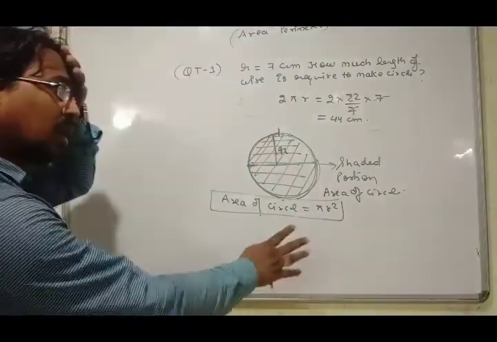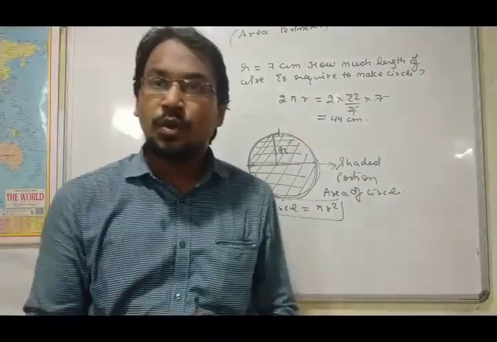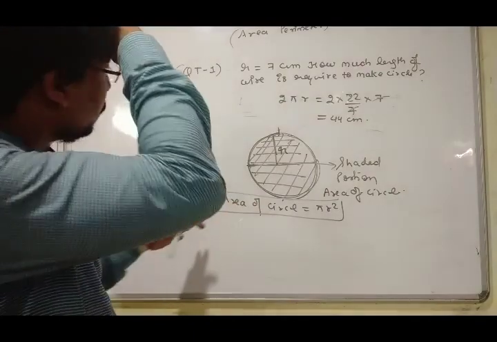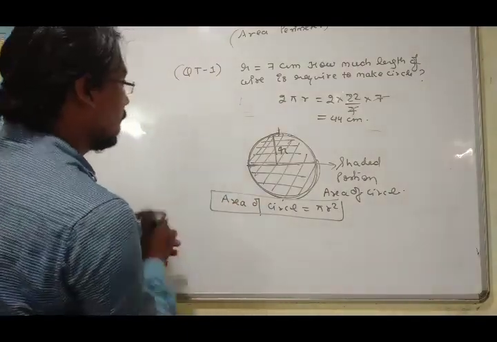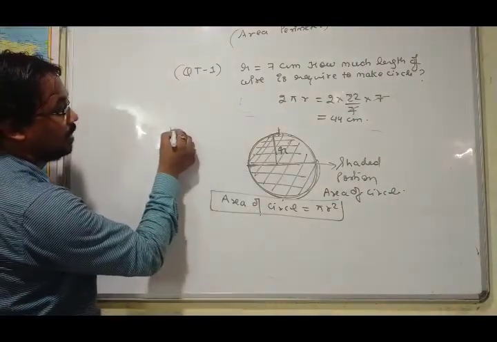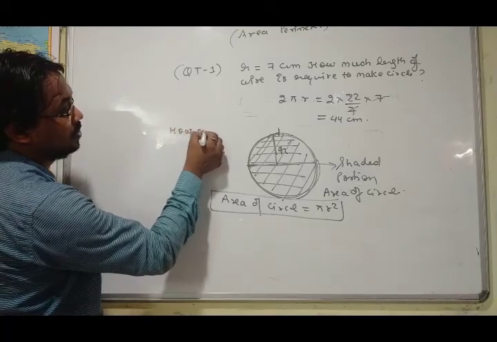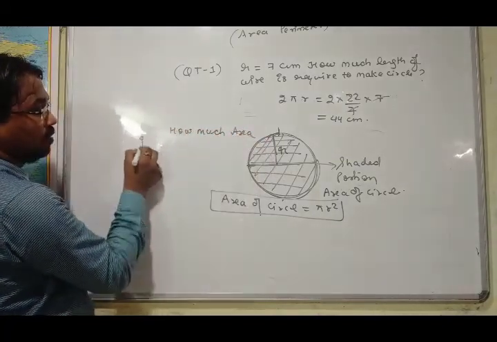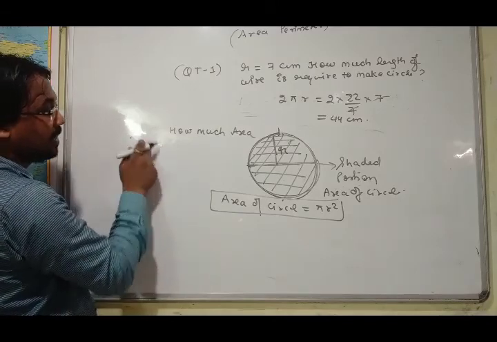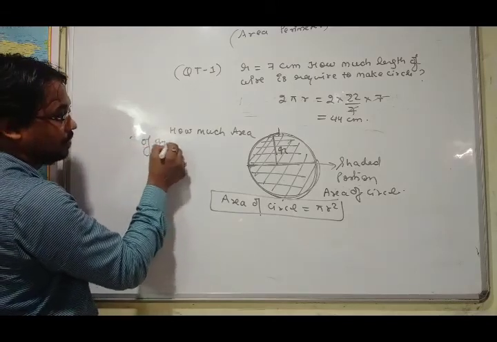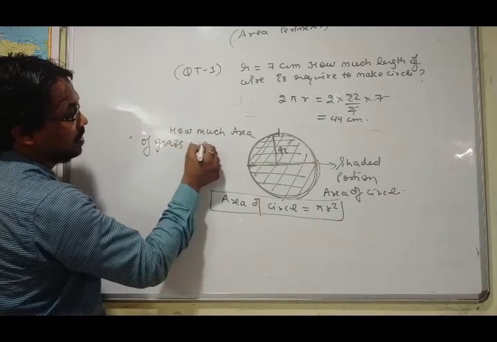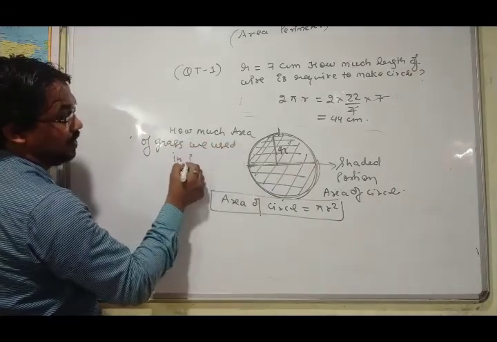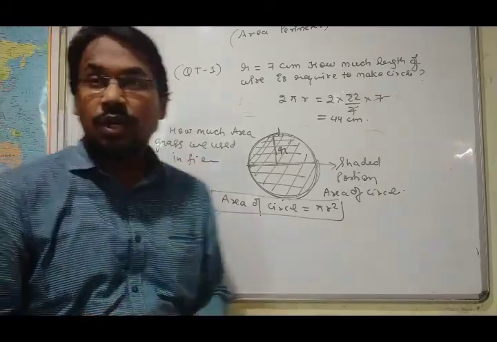This is called area of circle. So in this formula what we will do, if let's suppose in your paper they will ask you how much area of grass we use in a field.